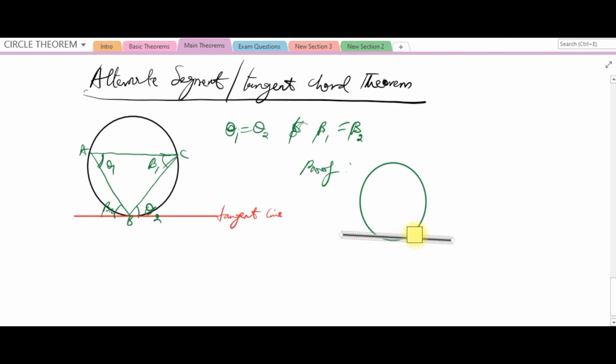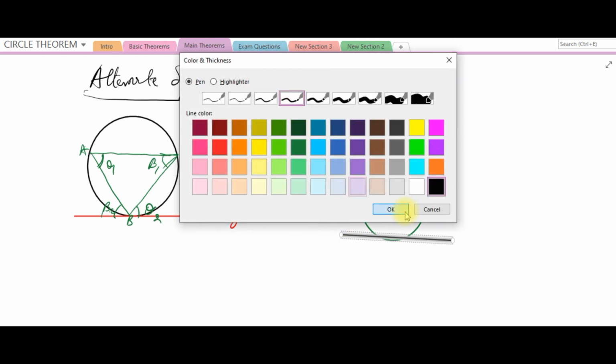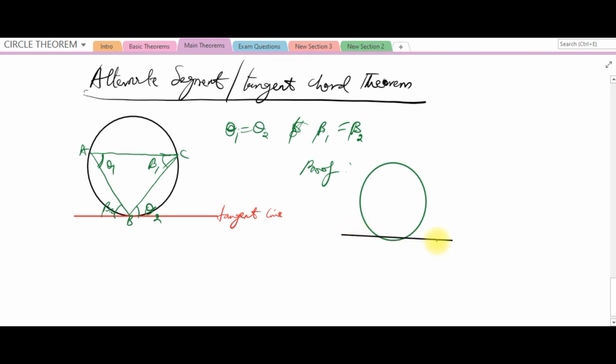If you have a circle and a tangent line in this way, and this is the center of the circle, we have a radius drawn to this point.